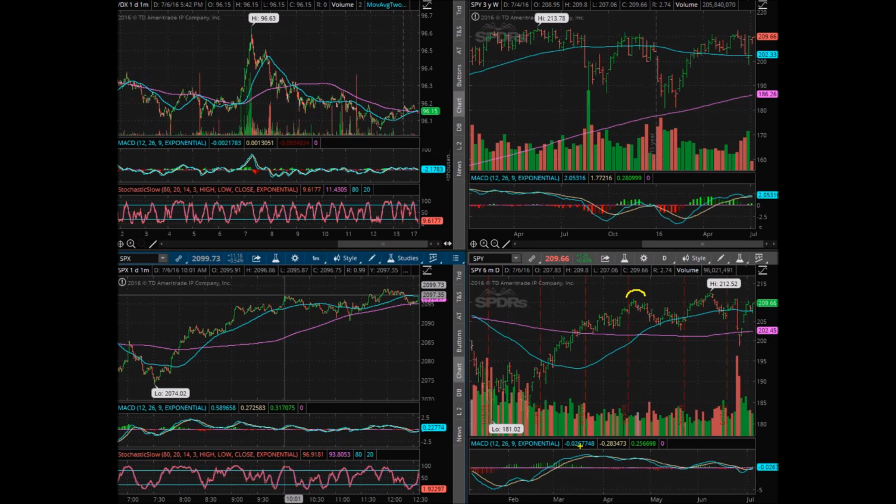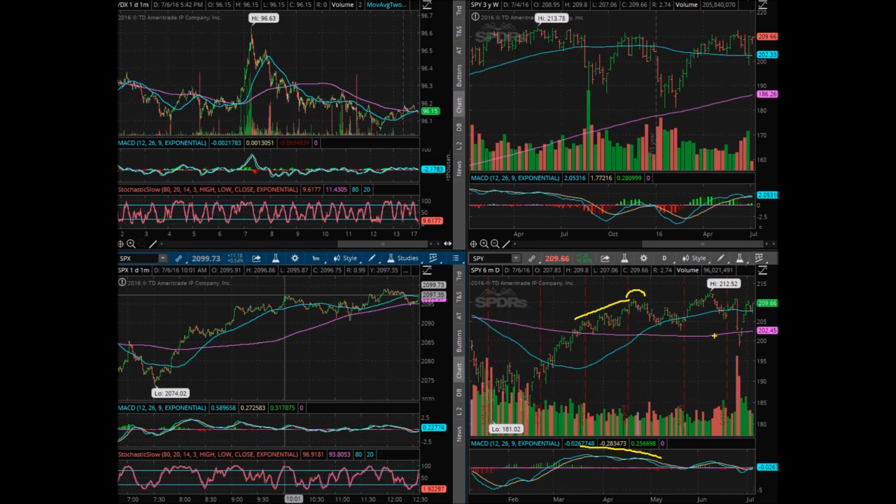So the peaks were decreasing into the end of April, whereas the S&P 500 was increasing into the end of April. So there's a divergence. So we did get a pullback in May and into June. It wasn't severe, but the trend did not continue.